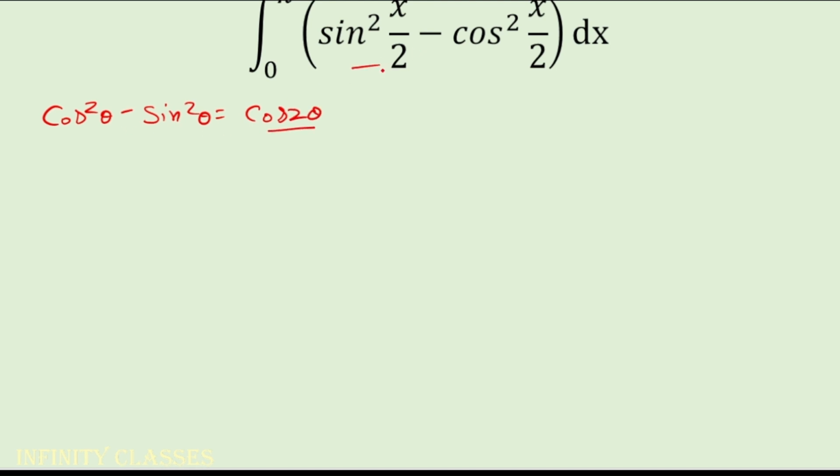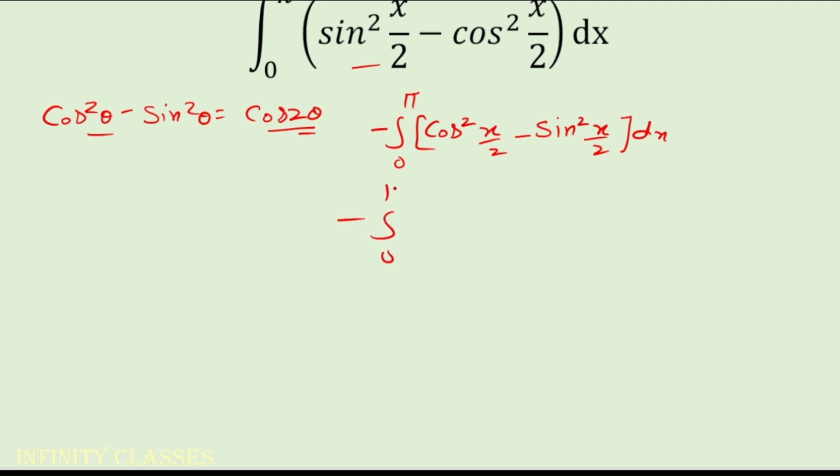So we will convert this, from 0 to pi, take minus outside, so cos square x by 2 minus sin square x by 2 and dx. So as here is 1 and it is 2, it will be half, and double of half is 1. So this is cos x dx.